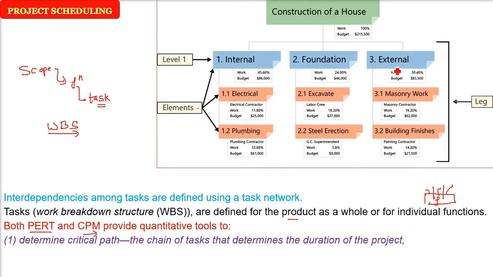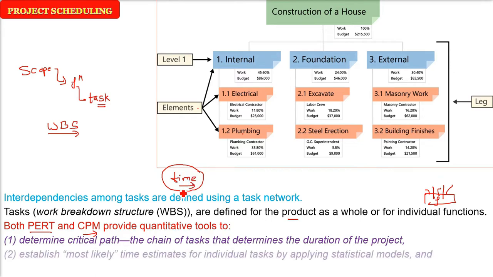This is the chain of tasks that will determine the whole duration of the complete project. So the longest path is the critical path, deciding the actual duration of the project. Both PERT and CPM try to determine the critical path, especially the CPM does that. And then we use the statistical model.